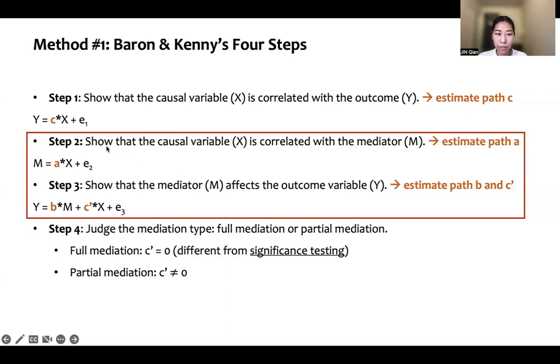The most important elements in these 4 steps are steps 2 and 3. This is to ensure that you have a significant path from X to M and then a significant path from M to Y.